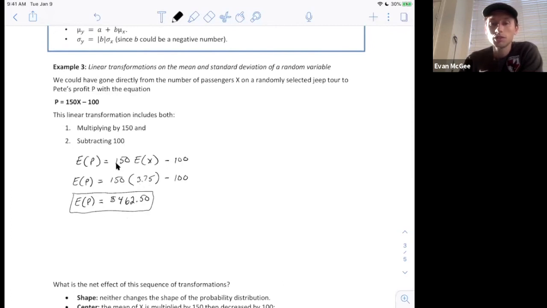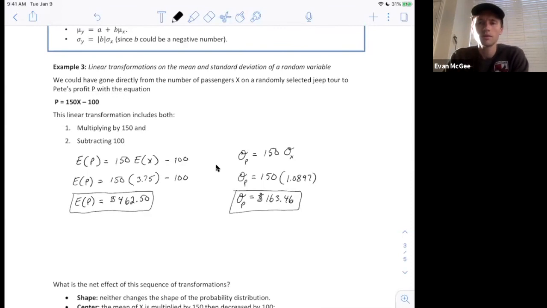Since multiplication and subtraction both change the mean, we do both to find the new expected value, and you can see we get the same expected value for the profit. But when I write out the standard deviation, I will leave off the 100, because the subtraction of 100 doesn't change the measure of spread.